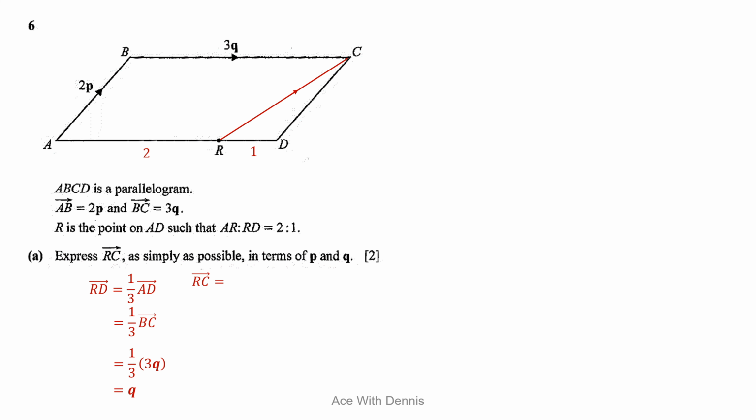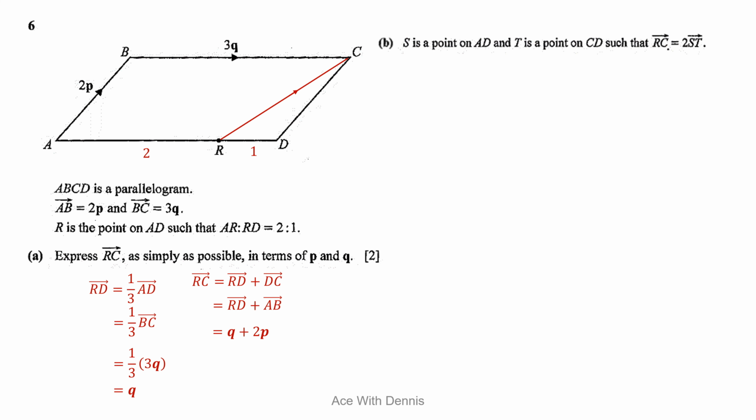We can apply the chain rule to find vector RC, which is vector RD plus vector DC. DC equals AB because again they are the opposite sides of the parallelogram. They will be equal. So RD will be Q and AB is 2P. Hence, this is the answer for vector RC: Q plus 2P.